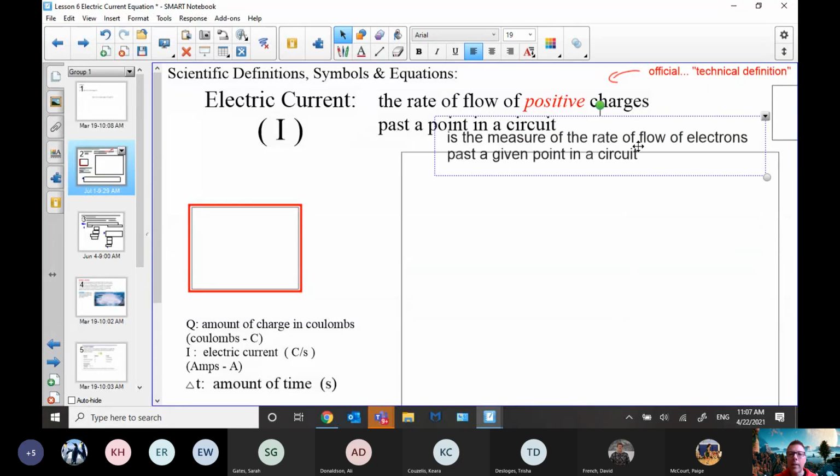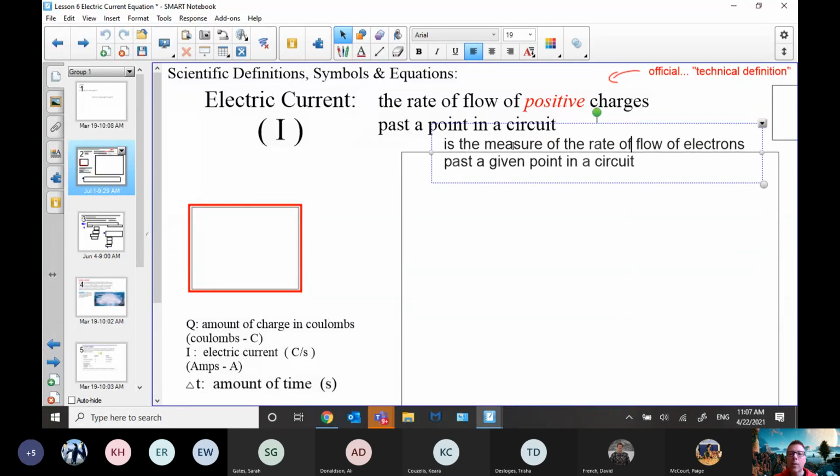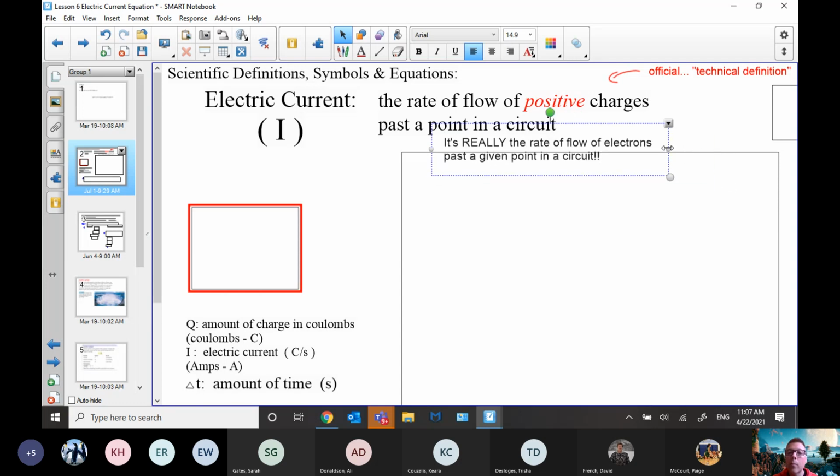So I'm going to paste that one in there too. So it's really the rate of flow of electrons. Of course, we know that, but they didn't know it at the time.